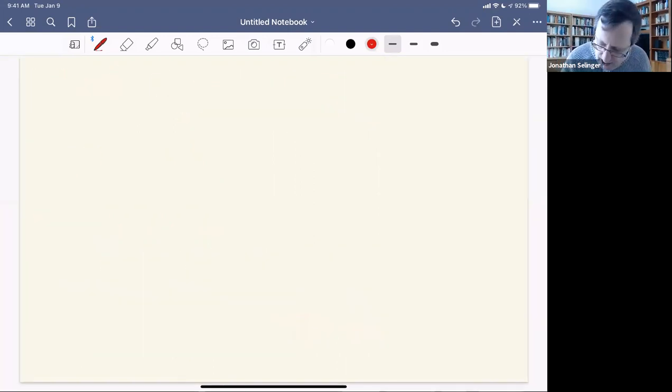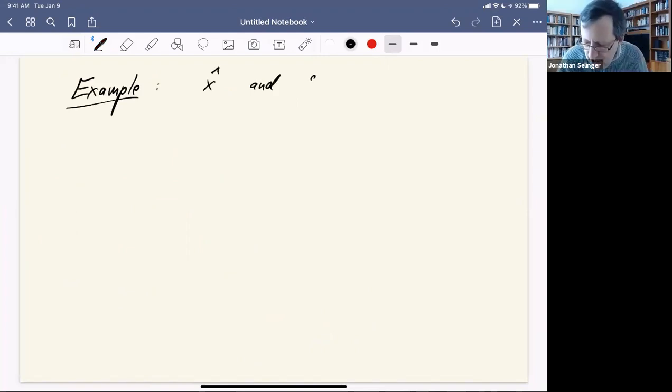Okay, so a good example would be with x and d by dx as two operators. Okay, so let's combine them in different sequences and see what we get.